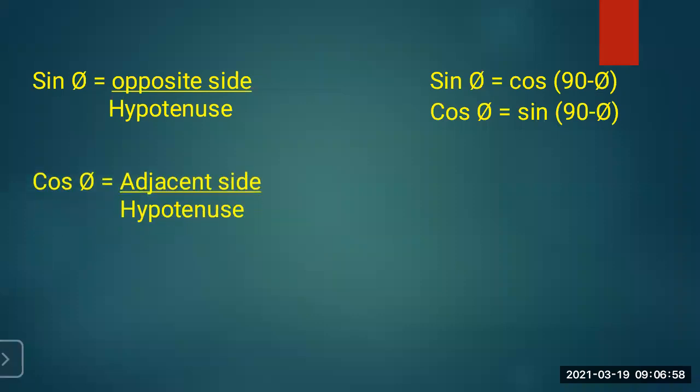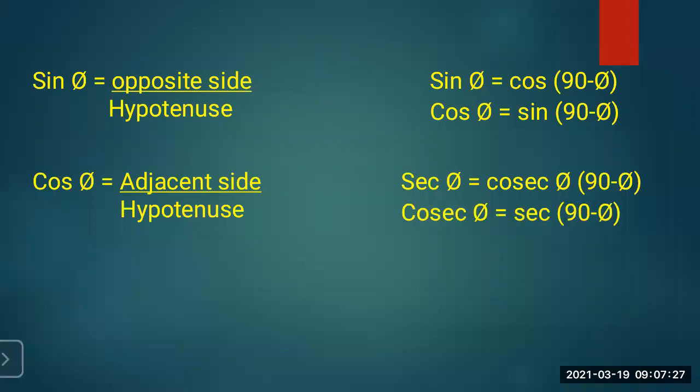Now the next trigonometric ratio is cos theta. The definition of cos theta is adjacent side upon hypotenuse. And the relation among the other trigonometric ratios is that sec theta is equal to cosec 90 minus theta, and cosec theta is equal to sec 90 minus theta.